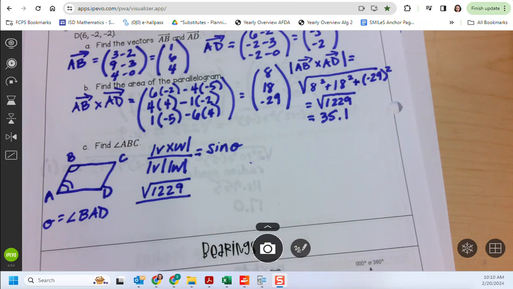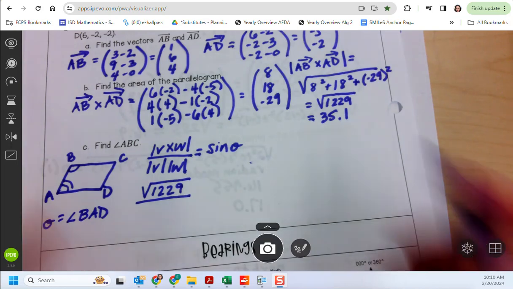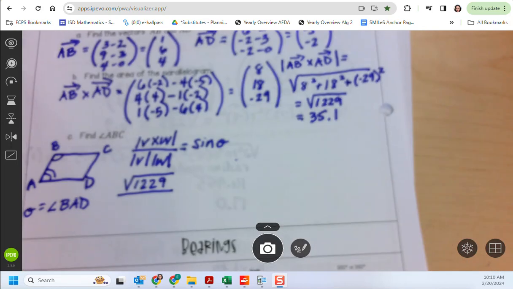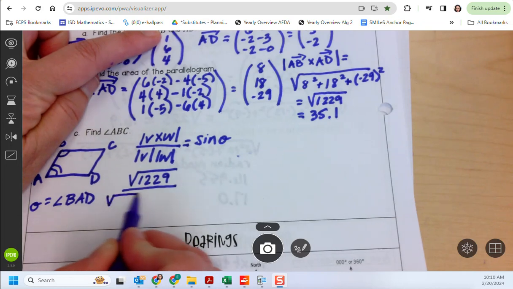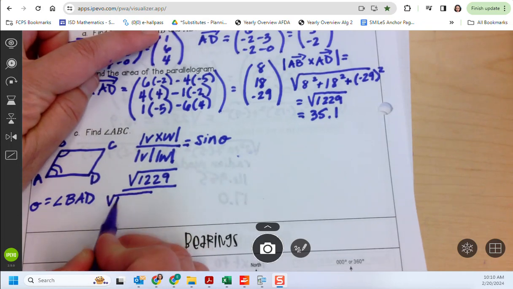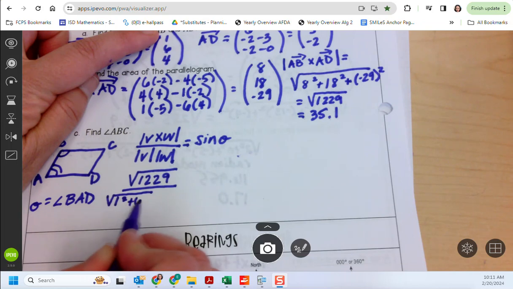And I don't think I've done that yet, have I? No. So that would be AB. So let's find the magnitude of AB. So that would be the square root of 1 squared plus 6 squared plus 4 squared.